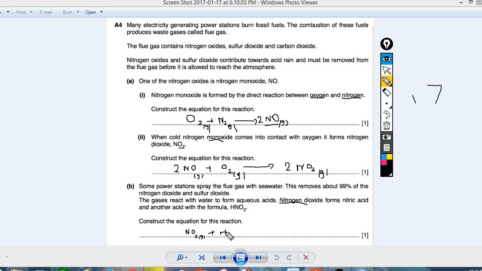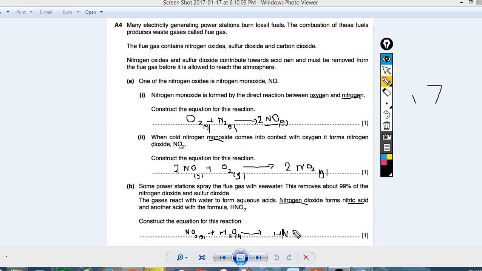Seawater means basically we are taking H2O. We consider that this is a reaction between H2O, which is in the liquid form, by the way. So to indicate that it's in the liquid form, you can just write L within brackets here. This forms, it says here, nitric acid. You know the formula for nitric acid is HNO3, right?